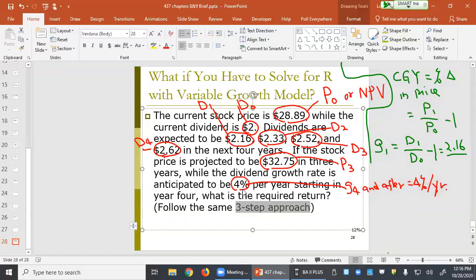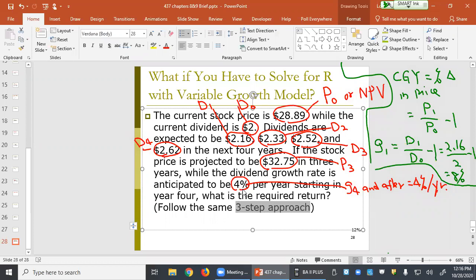What is my D0? $2, and minus 1. It will give you 8%. So the growth rate is just the rate of change. If you remember how to calculate capital gains yield, which is the rate of change in stock price, you can just change the notation to solve for the rate of change in dividends.